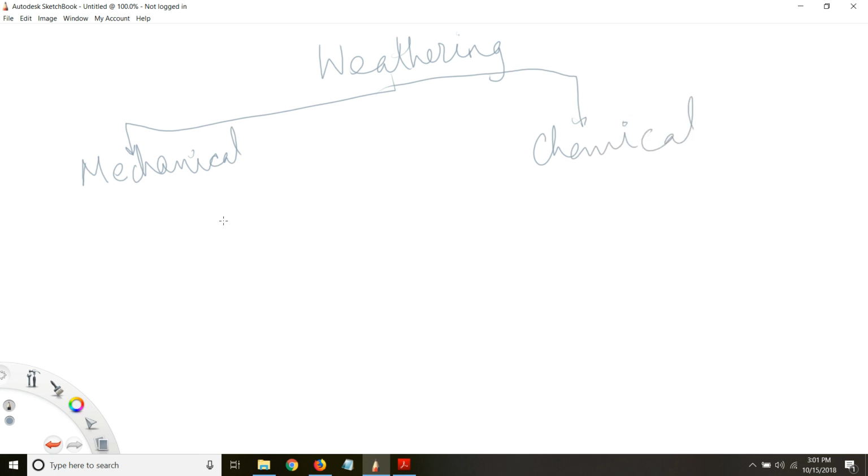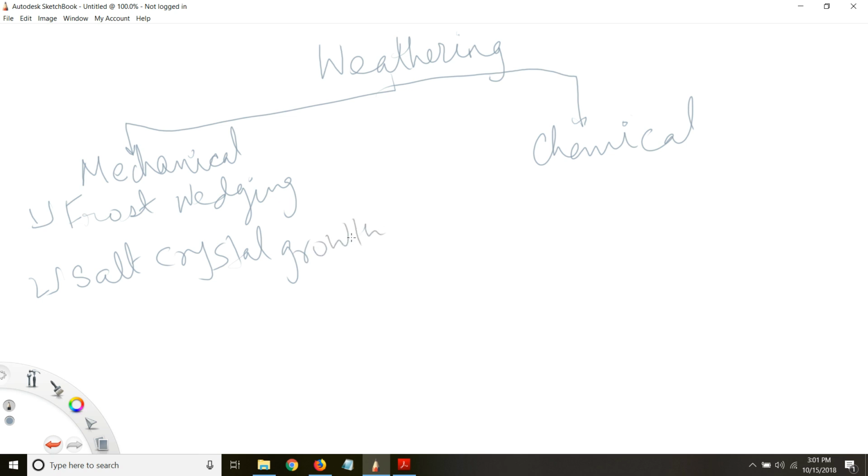Mechanical weathering has three, or you can say four, different types. One is frost wedging. Second is salt crystal growth, which will occur only in the marine environment near the ocean. Third is sheeting, and fourth is biological activity.